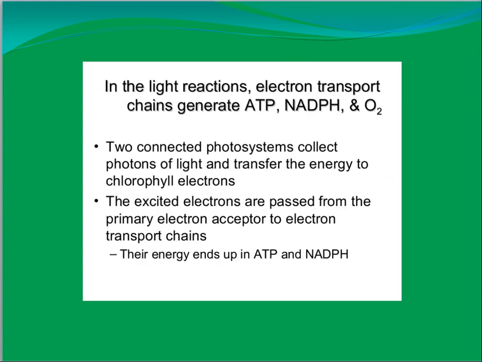In the light reaction, electron transport chain generates ATP and NADPH and oxygen. The two connected photosystems collect photons of light and transfer the energy to chlorophyll electrons. The excited electrons pass from the primary electron acceptor to the electron transport chain. Their energy ends up in ATP and NADPH.